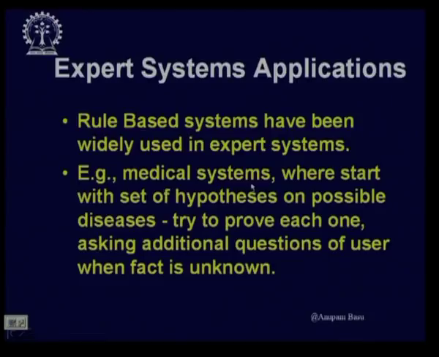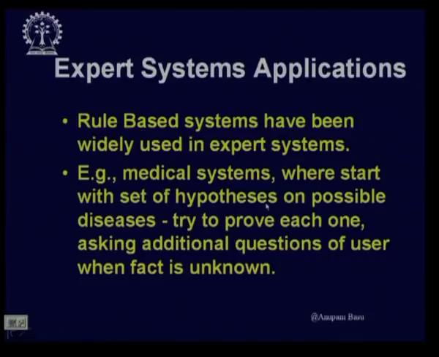So, his domain is much larger, but when we talk of expert systems in this context, we are talking of a very narrow domain in which we have just been able to put in some rules to demonstrate some expert like behavior. That sort of system is really finding its use nowadays.